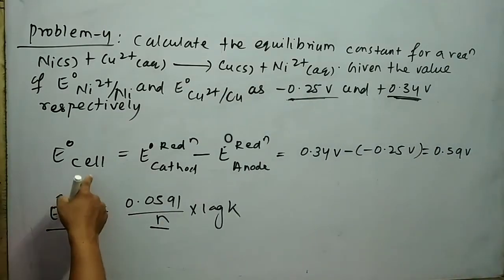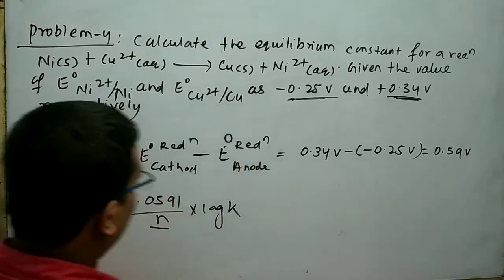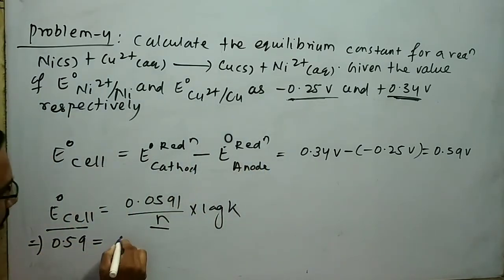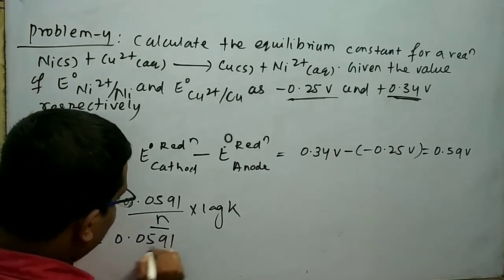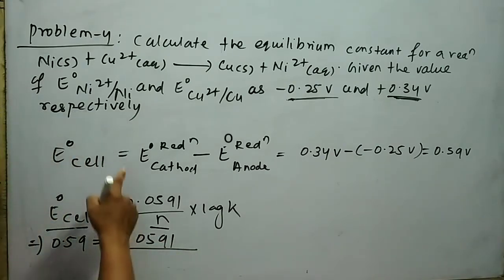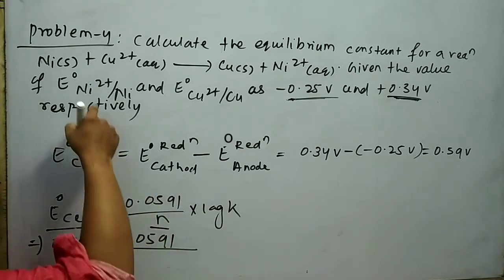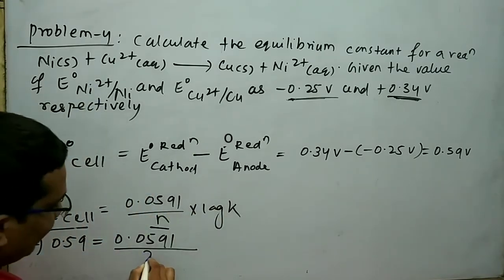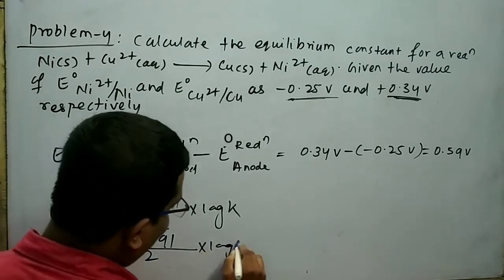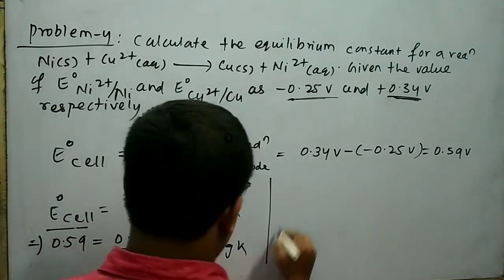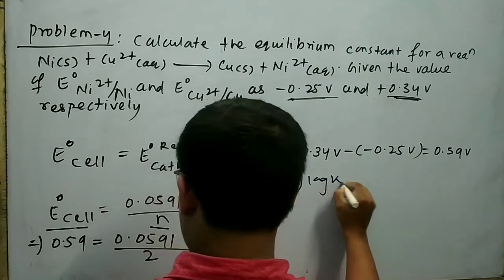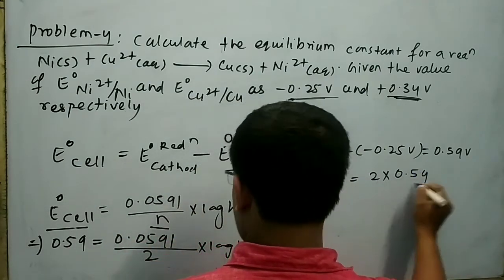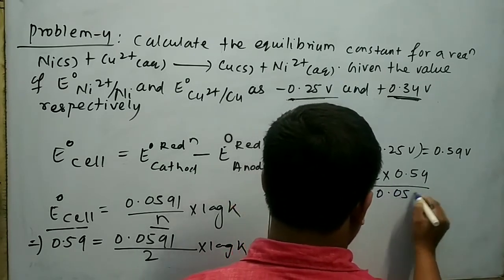Now put the value of E0 cell, that is 0.59 volt, here. So I can write 0.59 equal to 0.0591 divided by n, where n is equal to 2 because 2 electrons are transferred, into log k. That implies log k equal to 2 into 0.59 divided by 0.0591.